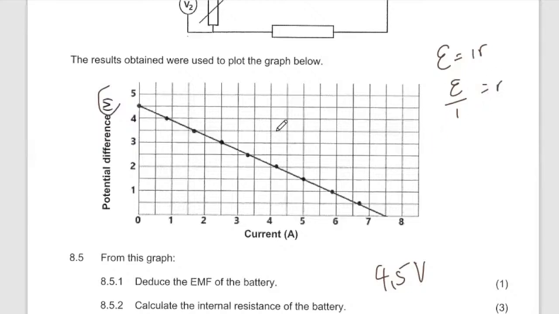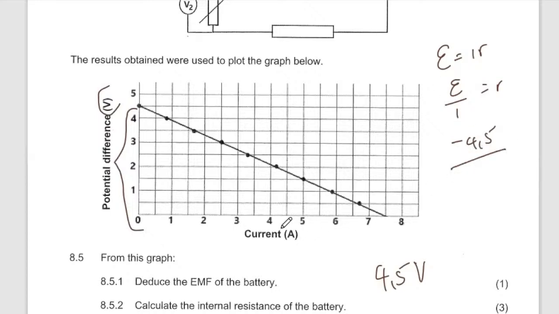So the gradient: we consider the change from there up to there, which is 0 minus 4.5, which is negative 4.5.